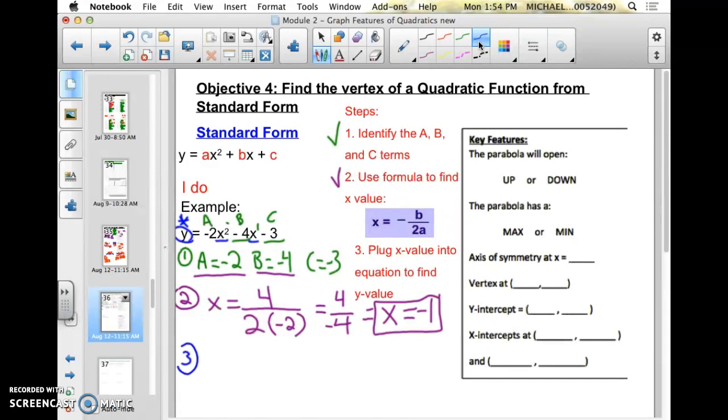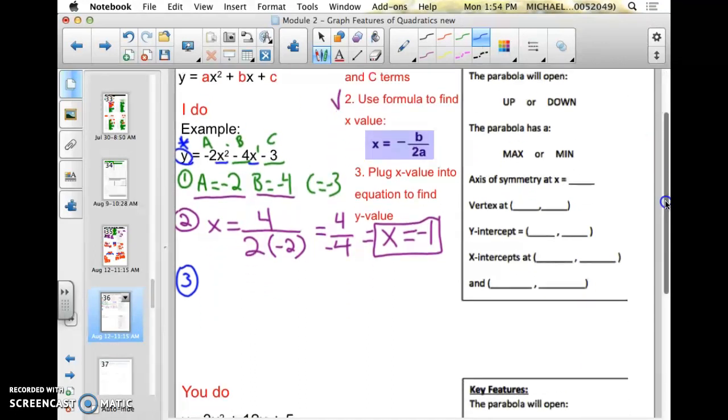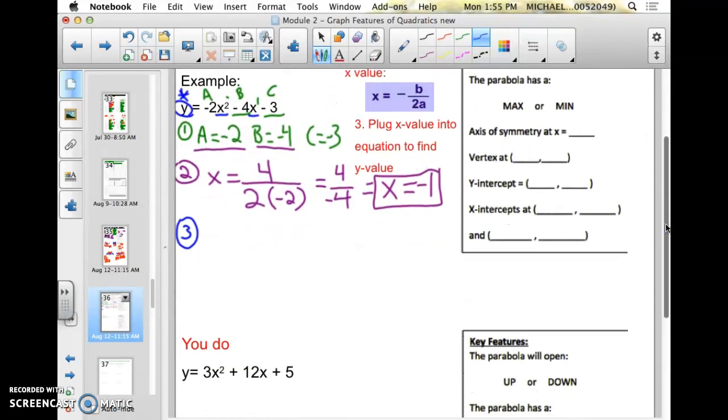So I'm going to write it, and I would encourage you to write it exactly like I am, using parentheses to represent the new value that's being inputted into the x's. I'm going to put y equals negative 2 parenthesis squared. I'll come back and put the value in later. Minus 4 parenthesis minus 3.